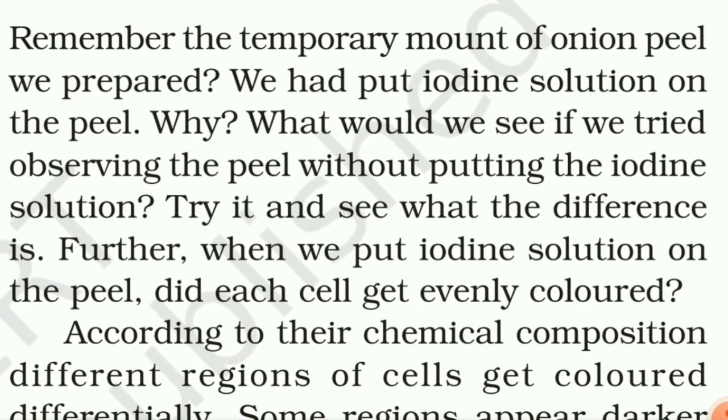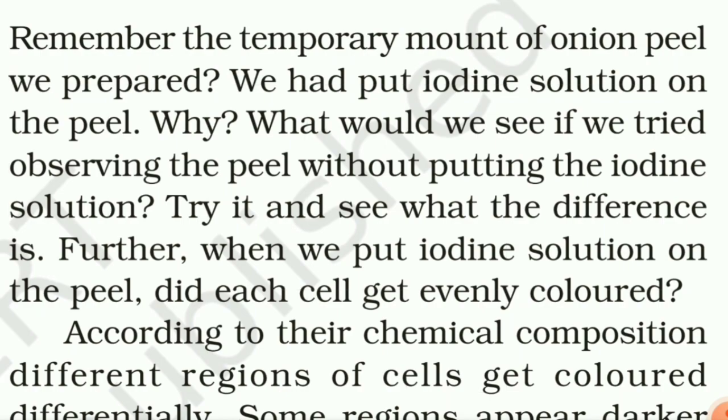So remember the temporary mount of onion peel we prepared. We had put iodine solution on the peel. Why? What would we see if we tried observing the peel without putting the iodine solution? I think you would have gone to the laboratory before reading the lesson.